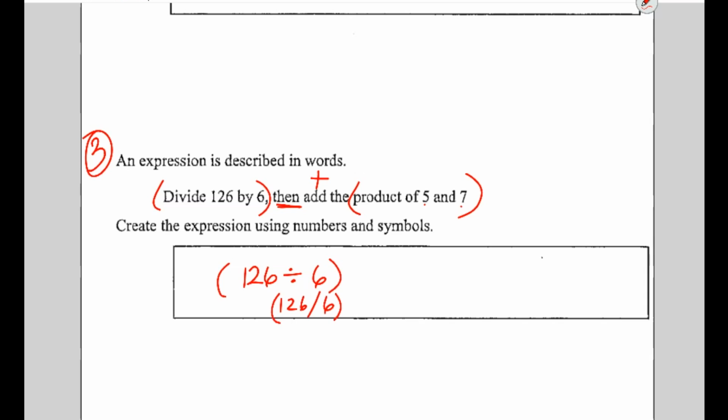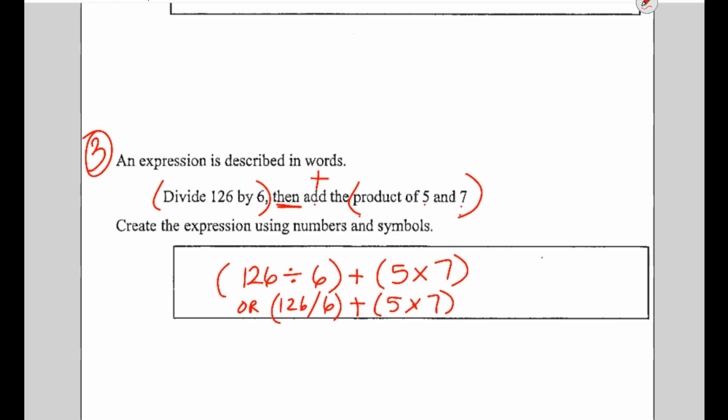Okay. I'm just showing you examples of what you could see. Then it's saying plus because it says add. Then it's saying product of, and anytime I see product of, I know I'm doing parentheses because that's what I wrote in my chart to help me remember. So I'm doing the product of 5 and 7, which means I'm doing 5 times 7. And that would be it. These are the two possible ways that we could see it.